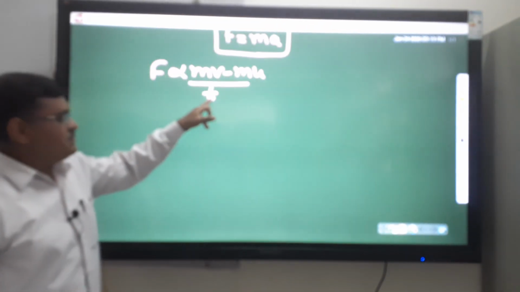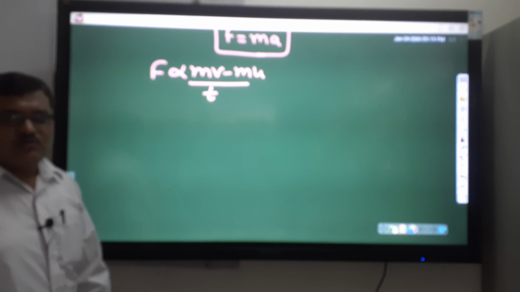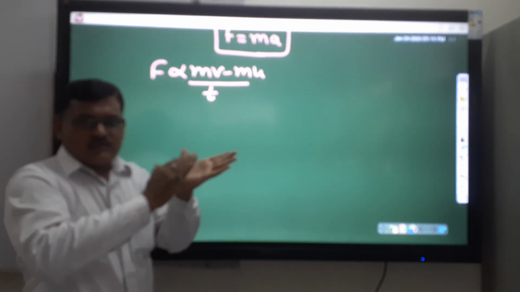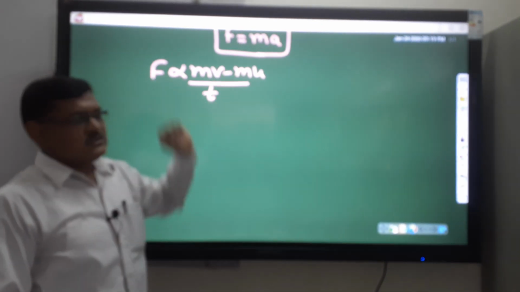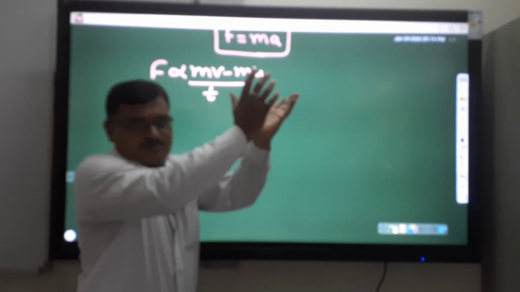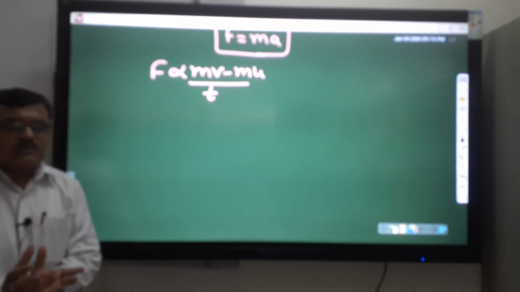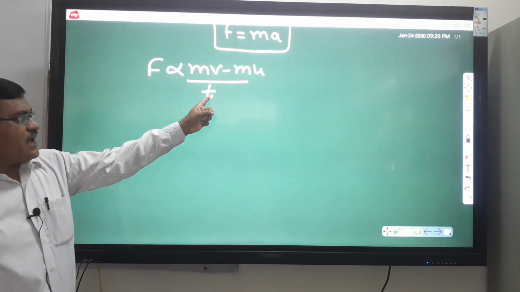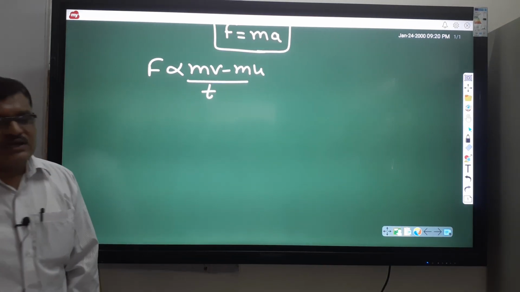And if time is increased, the force applied would be less. If we catch a ball like this, the time of contact is very less, and if this is less, the force applied is more. If we catch a ball like this, we have increased the time, so the force applied would be lesser.